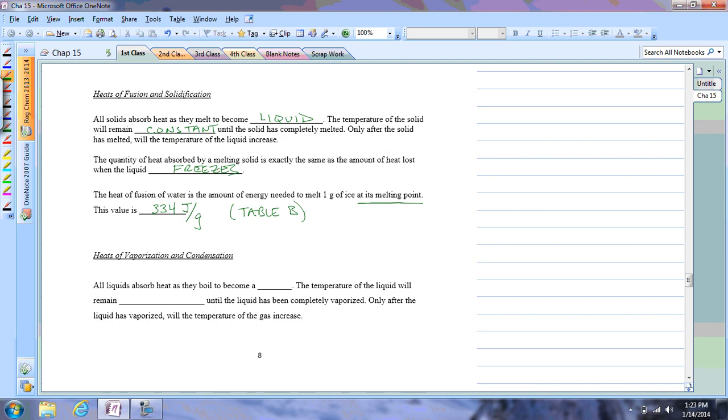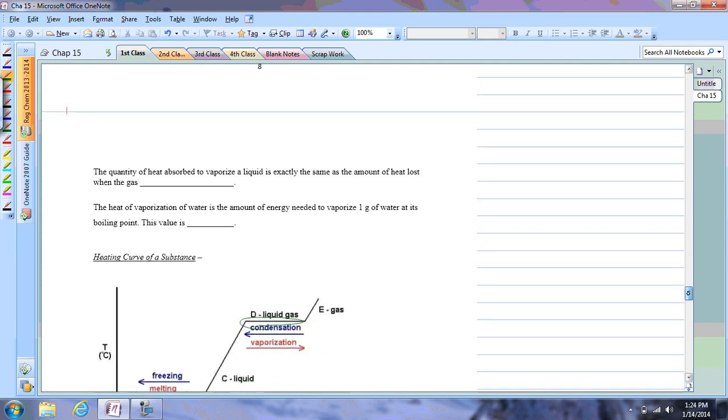All liquids absorb heat as they boil to become a gas. The temperature of the liquid will remain constant. Again, this is the flat part of the curve, until the liquid has been vaporized. Only after the liquid is vaporized will the temperature of the gas rise.